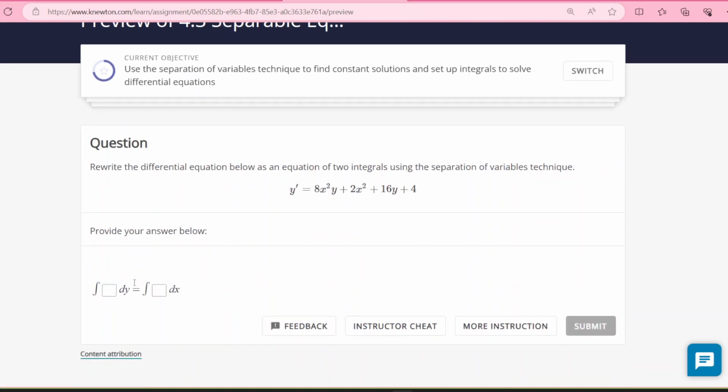And once again, we're given one more last to just enter the integrands. But this time, like in a previous example, we have to see how this is separable. It's not in that separable form just yet. So I need to factor this expression on the right.